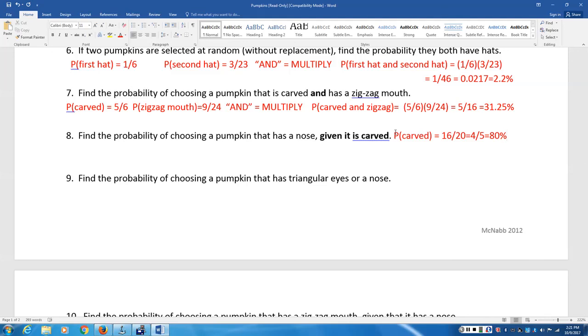Find the probability of choosing a pumpkin that has triangular eyes or a nose. Now we're going to have to count carefully. We're talking about out of all the pumpkins, so it's going to be out of 24 pumpkins. Question is how many?